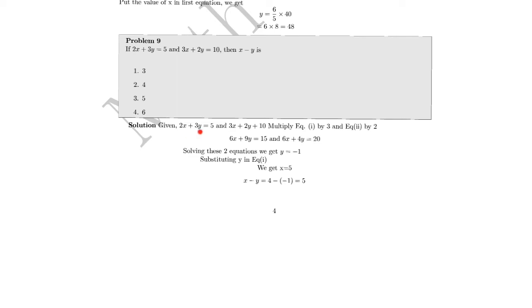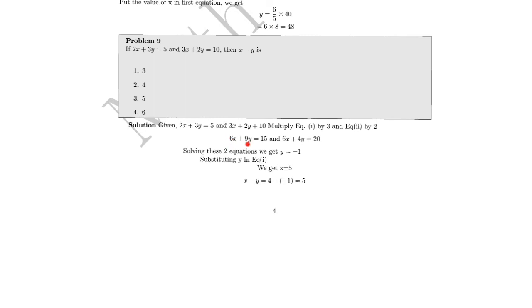Multiply equation number 1 by 3 and equation number 2 by 2, and we can see that multiplying by 3 we get 6x, and multiplying by 2 we get also 6x, and after subtracting them we can eliminate x here.